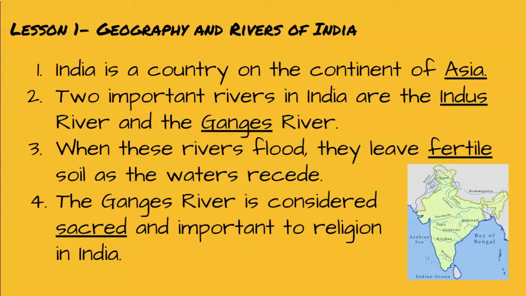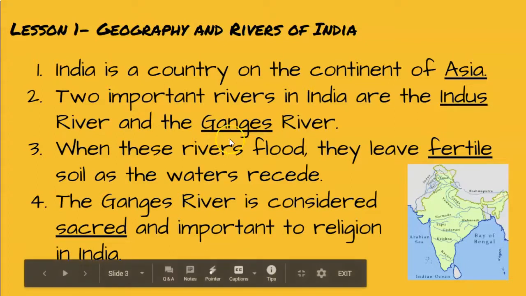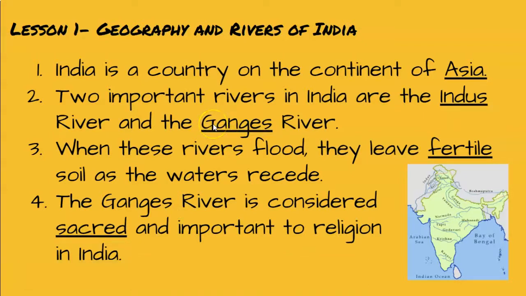And then the second one here is the Ganges River. So we've got the 2 different sounds for G spelling here. We've got the G and we've got the J. Ganges. So on your line, go ahead and write the Ganges River. Again, if you want to pause at any time, go ahead.